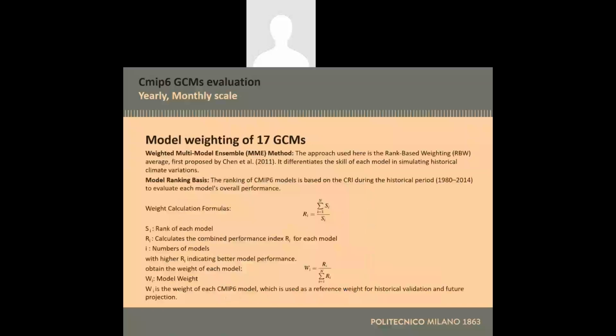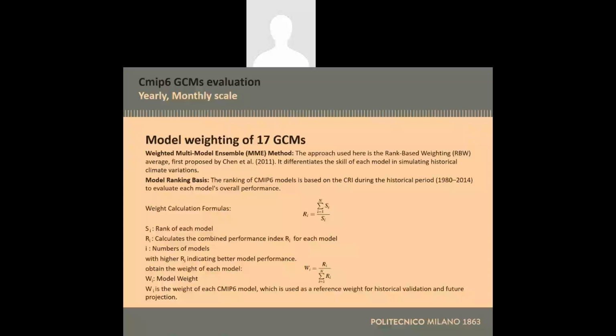And then, if you want to use all of the models, you can use model weighting of 17 GCMs. This one is the rank of the model. This is the sum of the ranks of the models, and this one is the model rank of a single GCM. Then you can calculate the weighting using this formula.